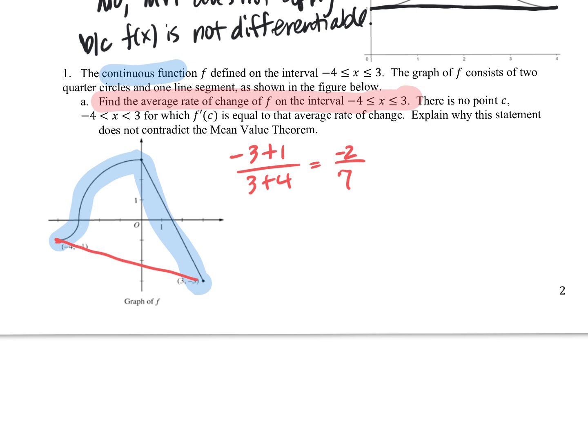Because there's a cusp or a corner. My function is not differentiable, and that's why it's not contradicting the mean value theorem. So we're going to say that. I know it seems redundant from what we just did before, but it is important.